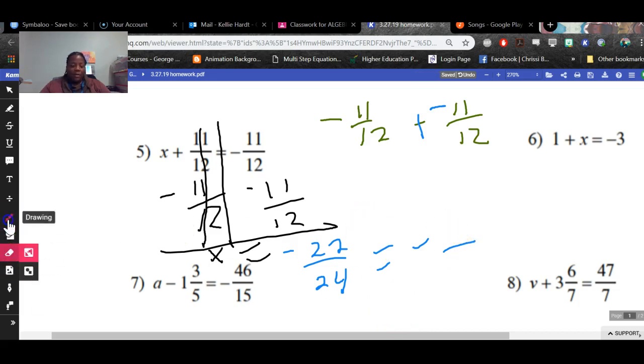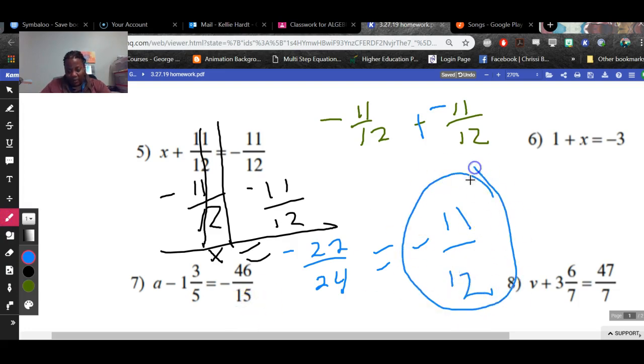Excuse me. 2 goes into 22 12 times. And then, well, that's for the 24. Oh, Lord, let me do that again. Y'all know I can't do my facts. Let me do that. 22 divided by the 2. Oh, that one was the 11 times. That's 11 times. And then by the 24 is your 12 times, so that makes it your final answer. Negative 11 over 12.